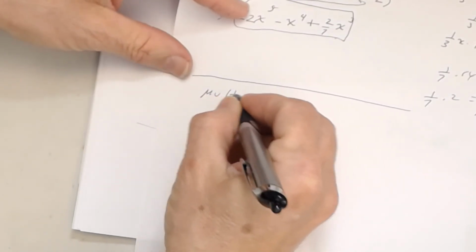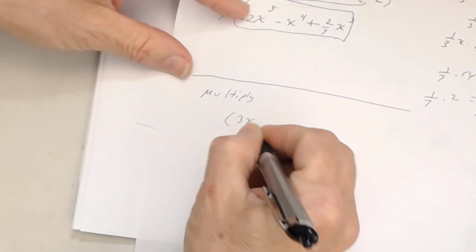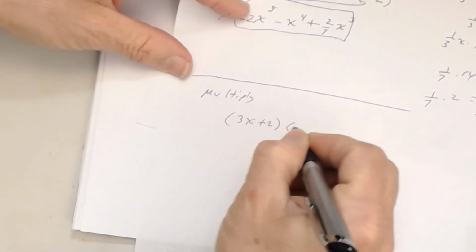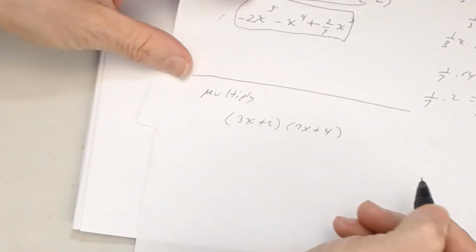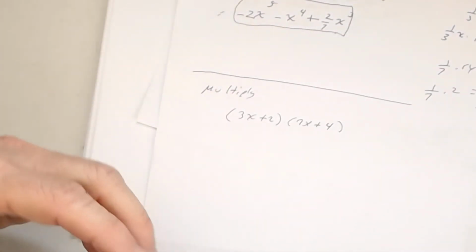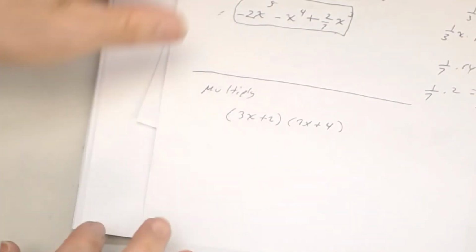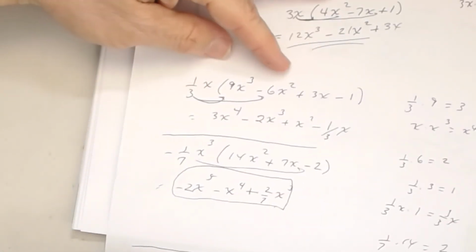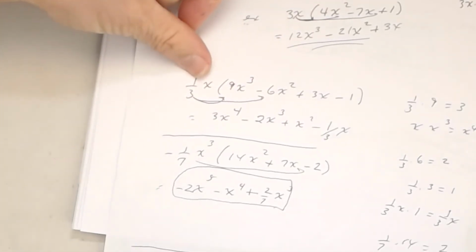Okay. What if you had this? What if you wanted to multiply, and let's say you had 3x plus 2 times 7x plus 4. So notice you're still multiplying polynomials, right? Just like you did here. Now remember, poly means many, but a monomial is still considered polynomial.